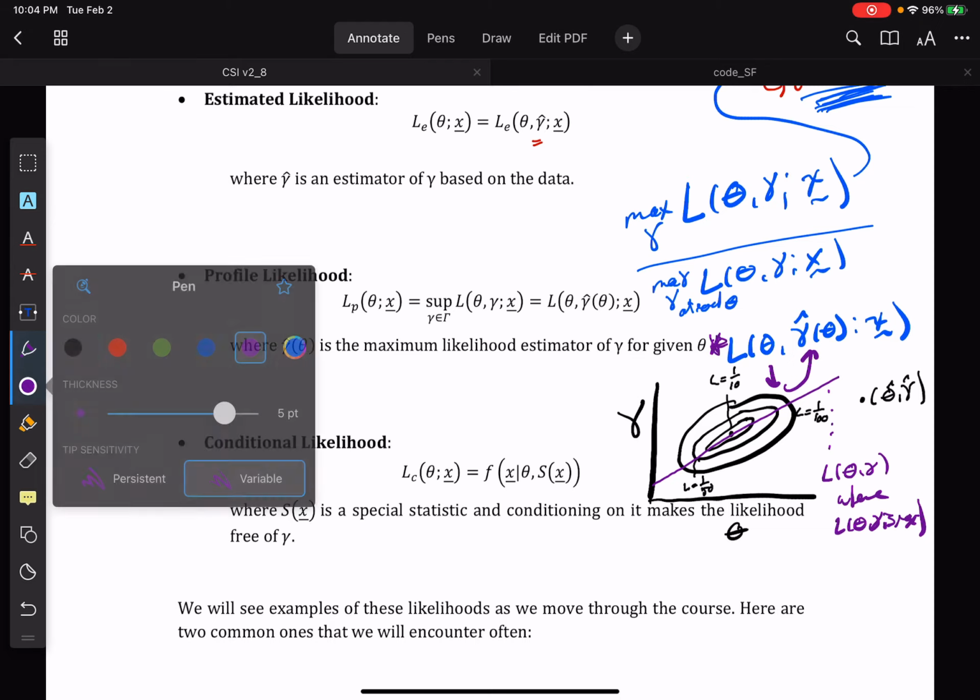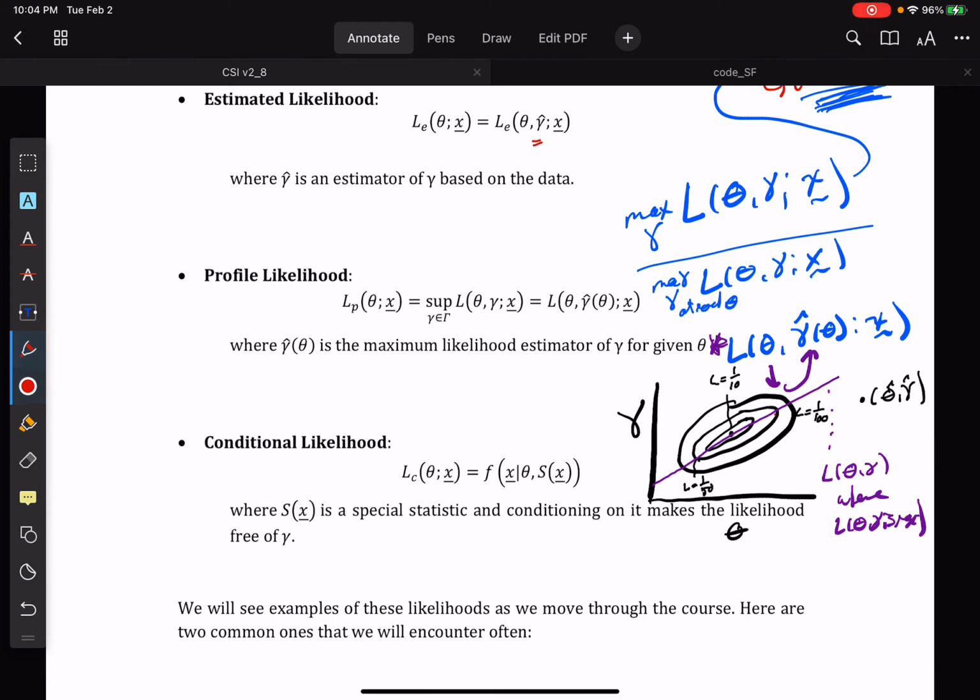And what you can see is, at this point, for this gamma, that dot is the maximum. For this gamma, this is the maximum. For this gamma, this is the maximum.